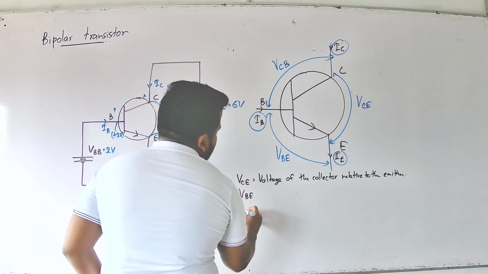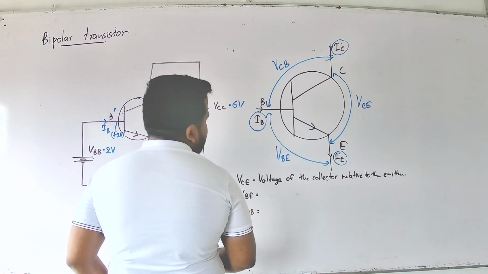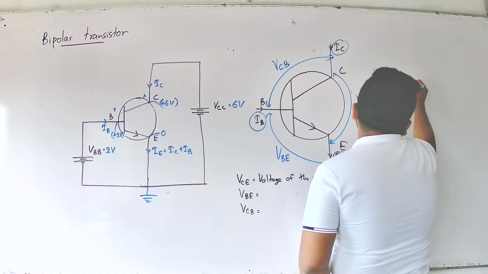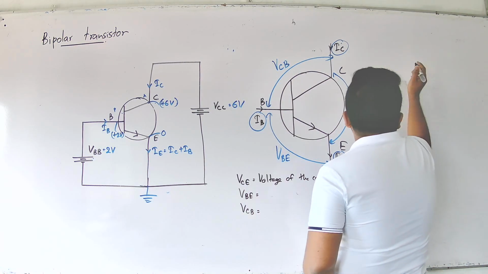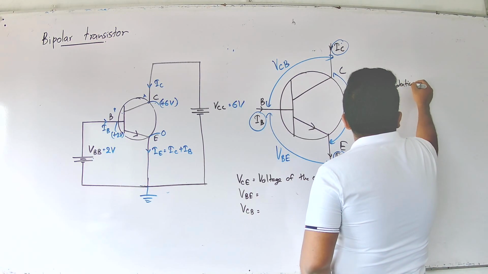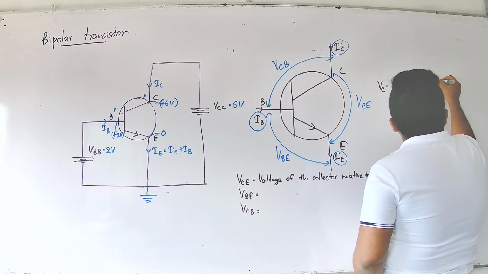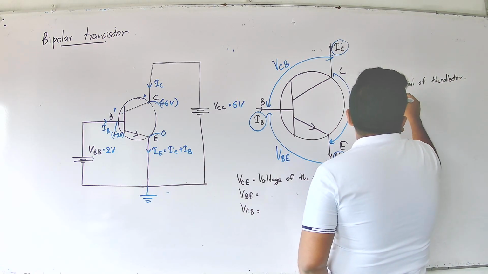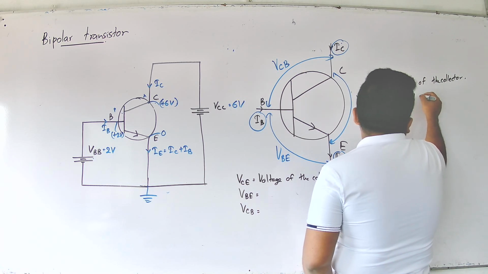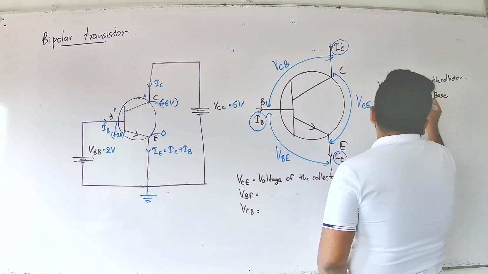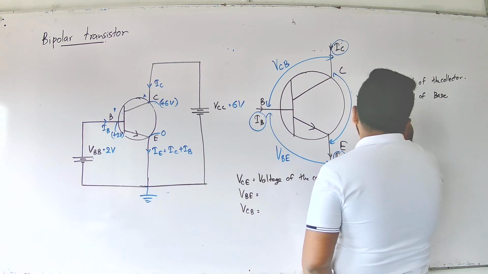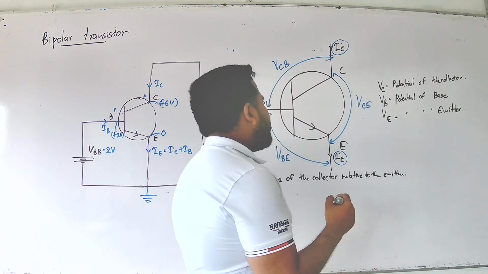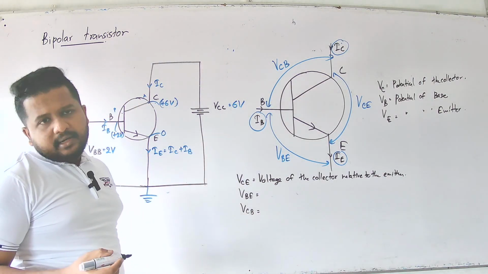And also we are using VC, the potential of the collector. VB, potential of base. VE, potential of emitter. You need to identify these parameters, right? Okay, note this down.